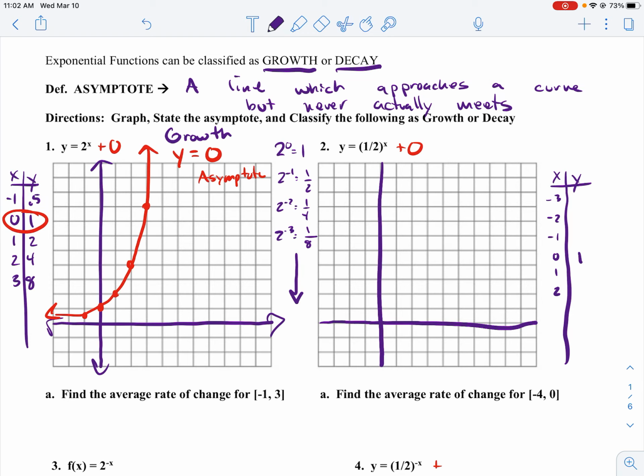Now you'll notice this time, when we get to negative 1 back here, this is going to be equal to 2. And this will be equal to 4. And this will be equal to 8. And as x approaches positive infinity, this becomes 0.5, 0.25, so on and so forth.